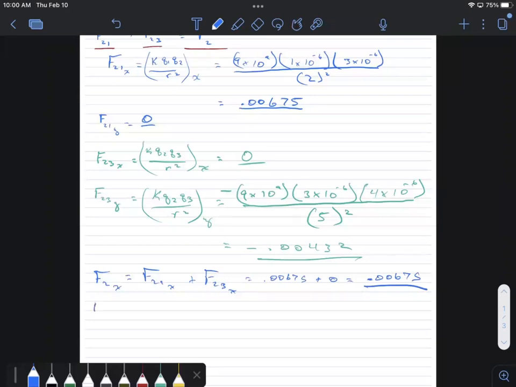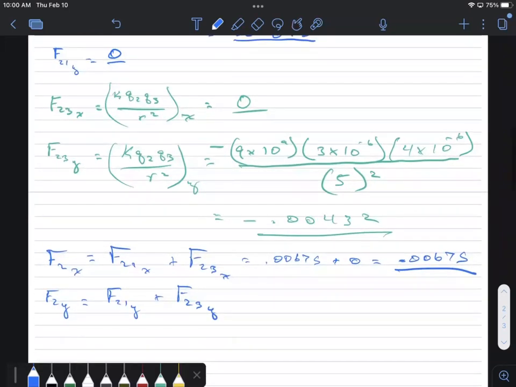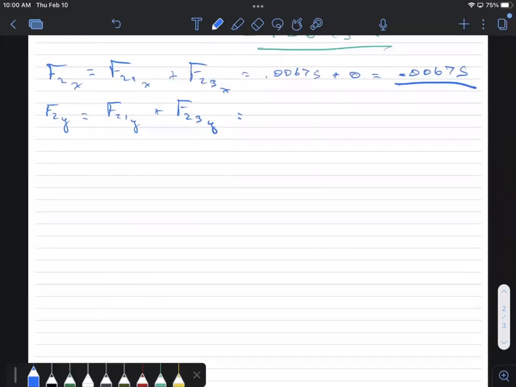And of course, the total force on 2, y piece, is the force on 2 due to 1, y component, plus the force on 2 due to 3, y component. And what do I have for this?